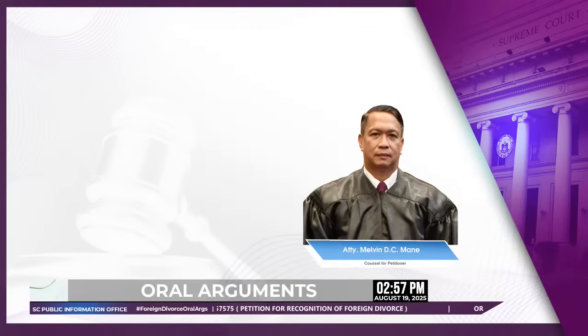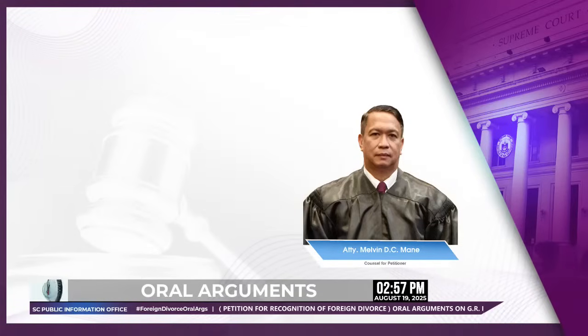Under international law, a person's civil status is governed by one's nationality. In the context of this case, although the foreign divorce was obtained while petitioner was still a Filipino, it later became valid under the law of his new nationality when he acquired foreign nationality.